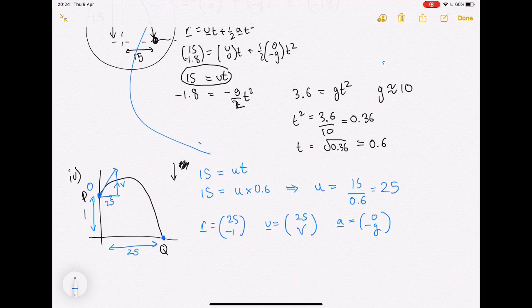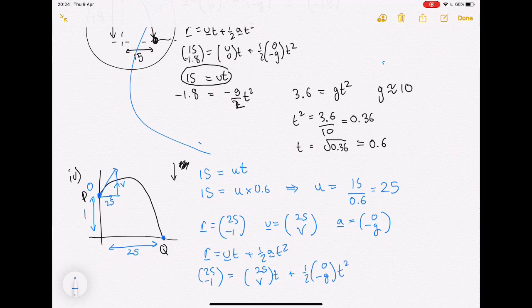Suvat equation, r equals ut plus a half a t squared, we get 25 minus 1 equals 25 v, lots of t, plus a half 0 minus g t squared.